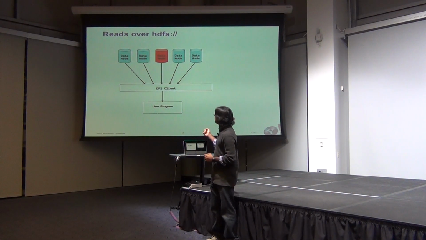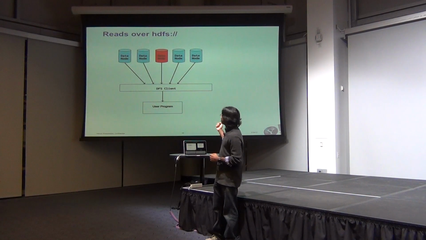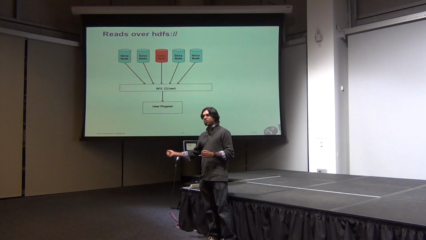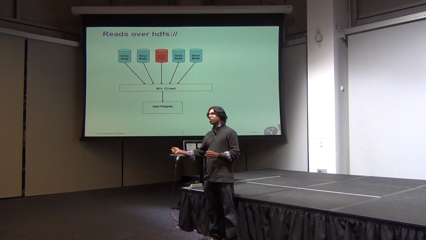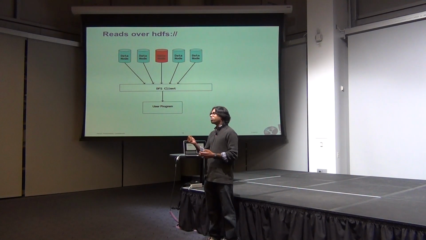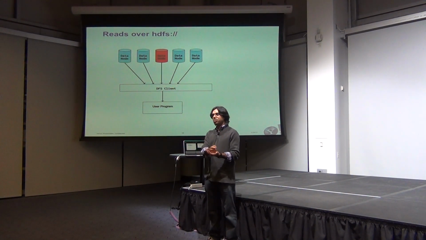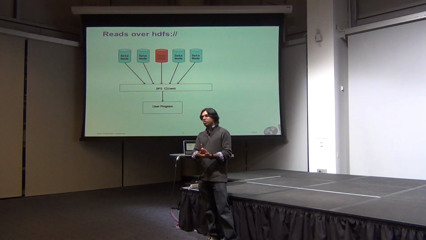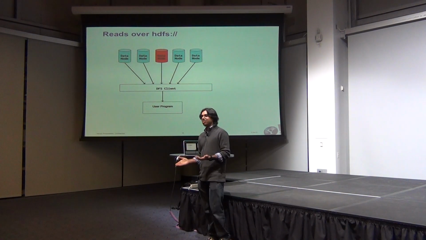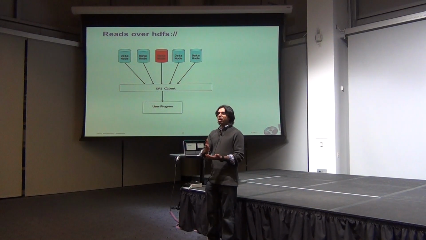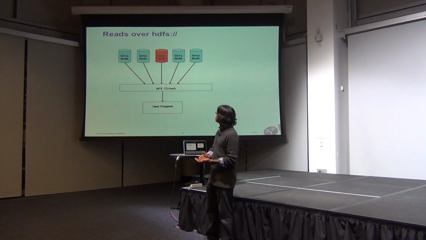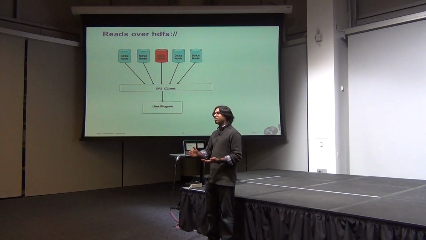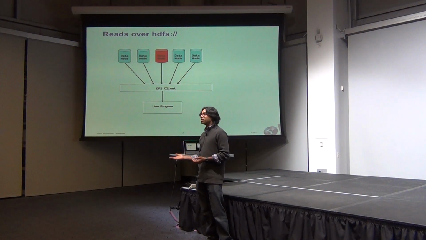What happens in the back end is the data client library checks with the name node, figures out where the blocks are, and then opens a connection to the first data node, the data node that contains the first block, and then you stream. And then once you cross the block boundary, the data client takes care of transparently closing that connection, opening onto the next data node, etc., until the file has been completely read.